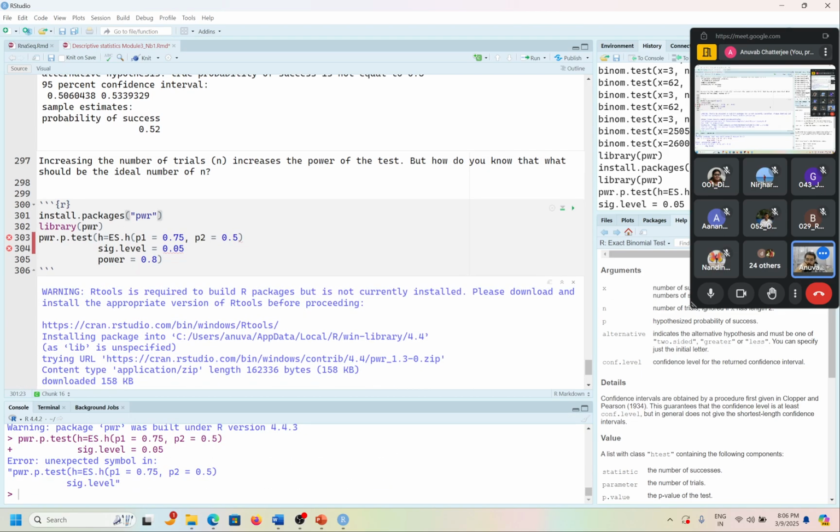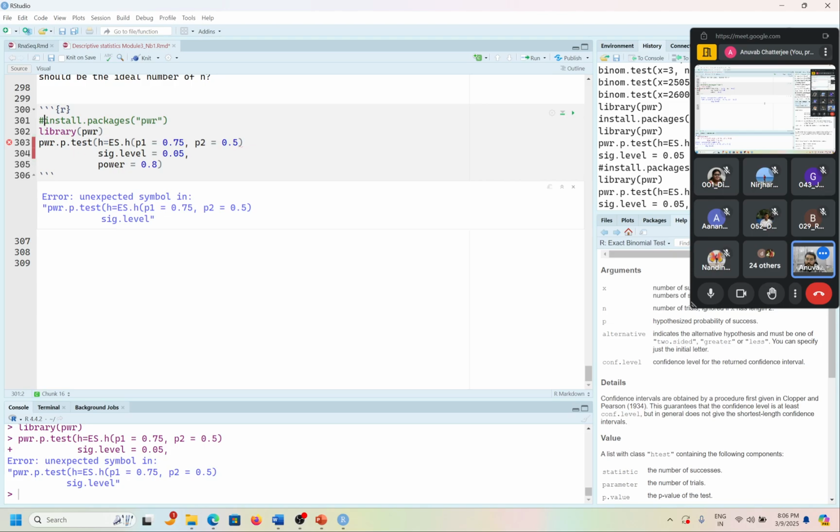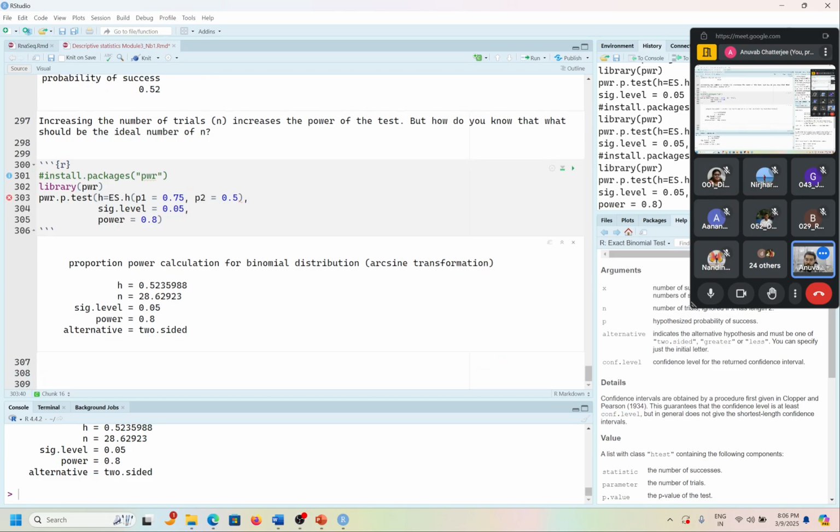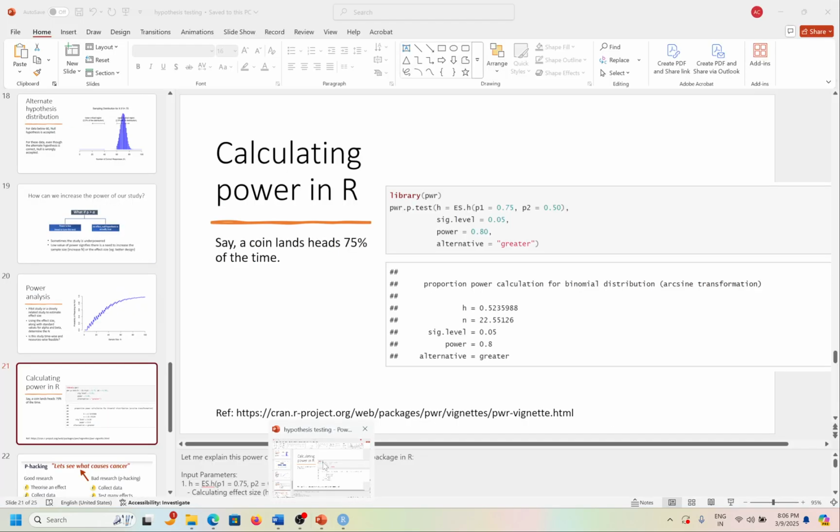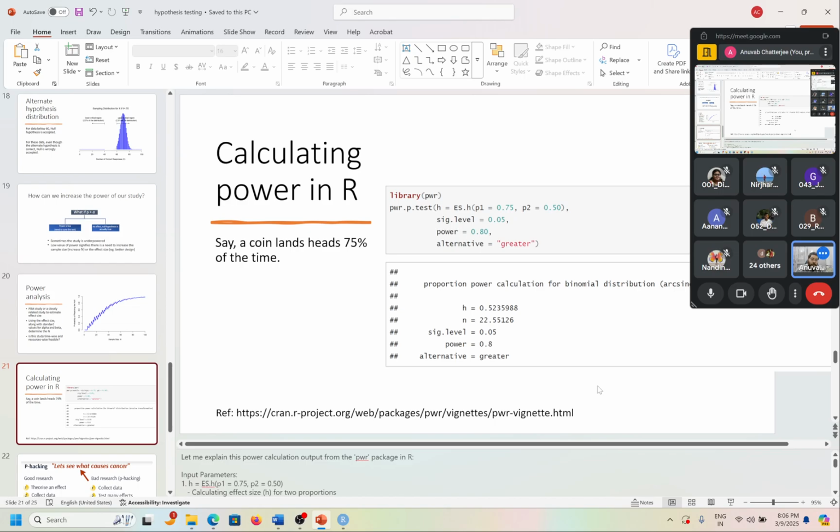Okay, so as I say, we are talking about Cohen's h, this small h parameter, which looks at the difference between two distributions.